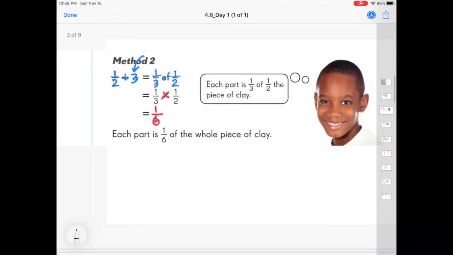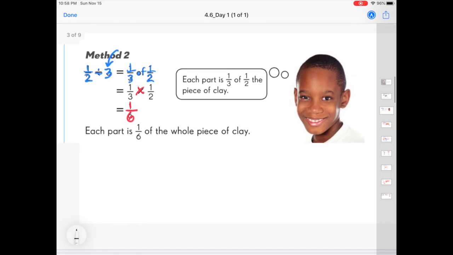The second method we looked at was using the understanding that whenever we divide by a number, we are taking a fractional part of that number. So when we divide 18 divided by 2, we're taking half of 18, and half of 18 is 9.